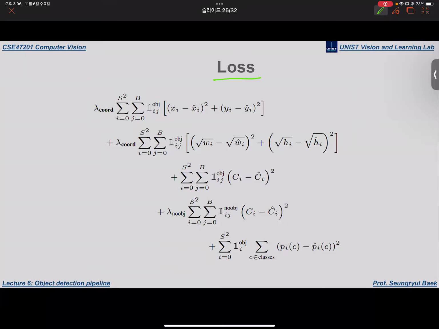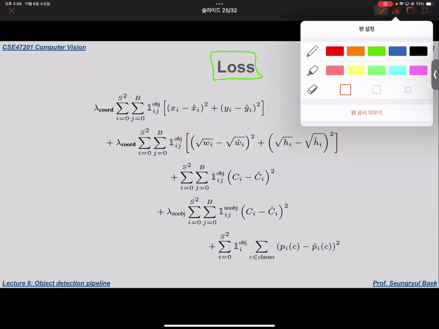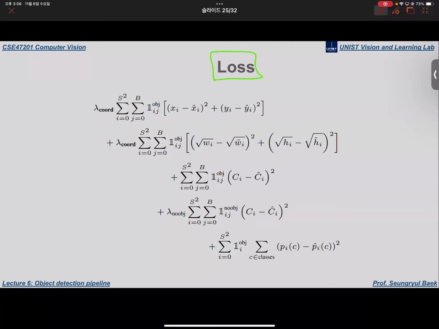And this is the loss function of YOLO. You can see this part is closing the estimated XY position of the bounding box, the center position of the bounding box, to its ground truth.